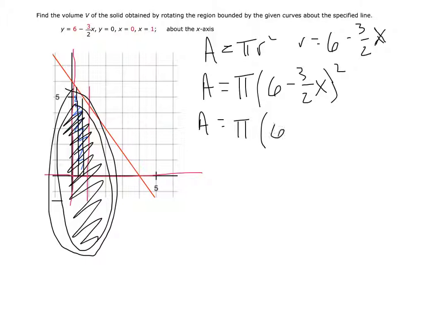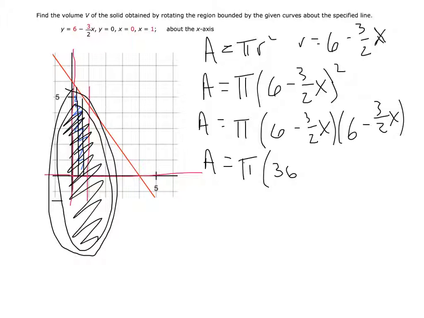We would have 6 minus 3/2 x times 6 minus 3/2 x. So that area will be pi times 36 minus 9x minus 9x, so minus 18x, and then plus 9/4 x squared.